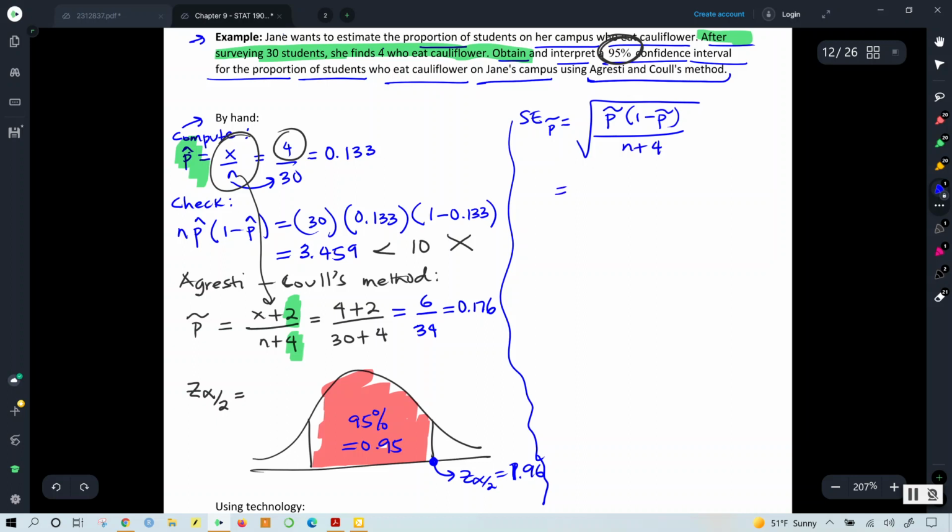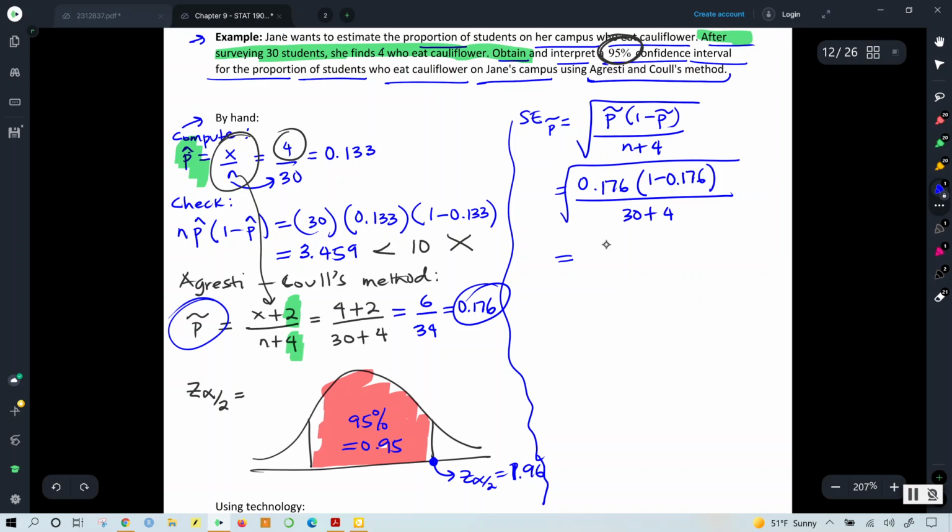So I need to plug in the value of p tilde, which is 0.176, multiplied by 1 minus 0.176, divided by, on the bottom, n is 30, so 30 plus 4.